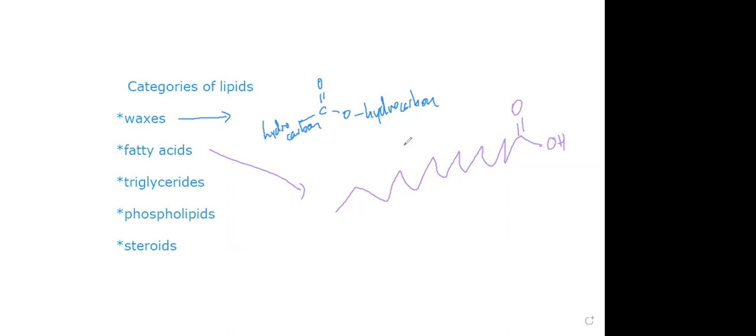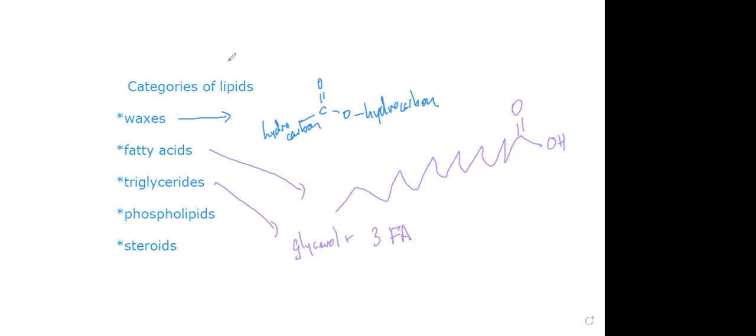Triglycerides: we have to have glycerol plus 3 fatty acid chains. So this is almost like a triple wax that's been connected.